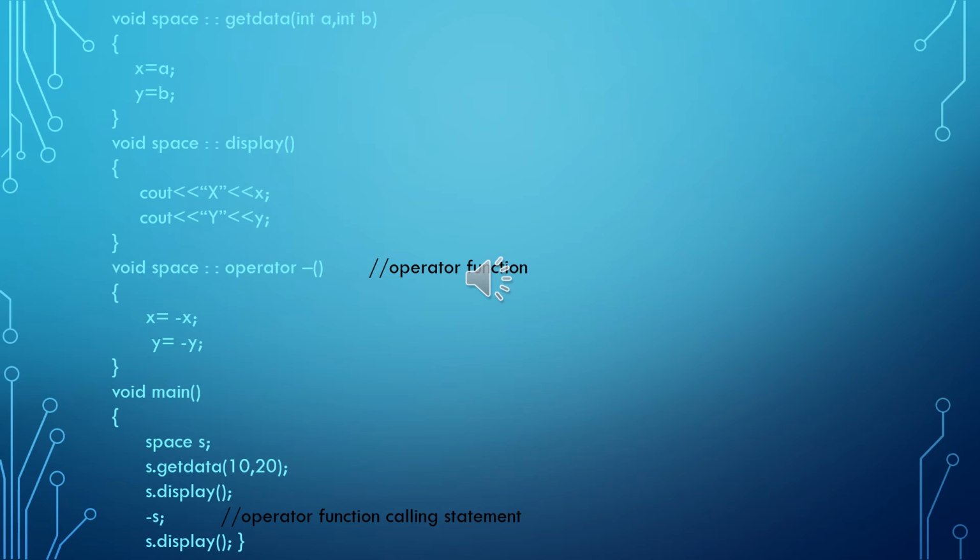In this, we have no arguments because it is a unary operator overloading. Inside the operator function, we are going to assign x and y variables with the negative values of x and y which we have saved already using minus operator.